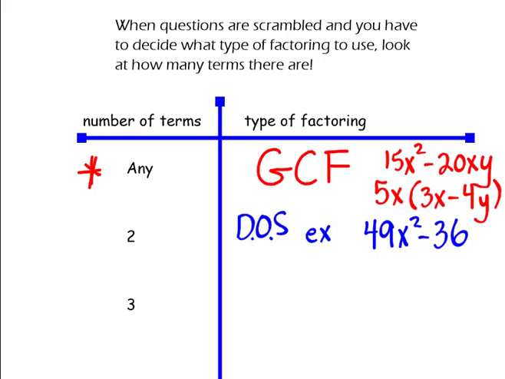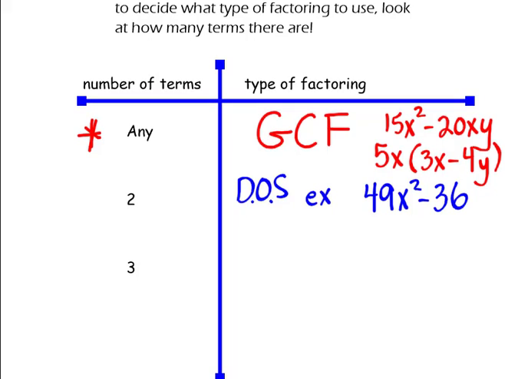There's no greatest common factor. Difference of squares. When you recognize that it's difference of squares, you immediately open up 2 sets of brackets. You take the square root of the first term, the square root of the second term. One gets a plus sign, one gets a minus.